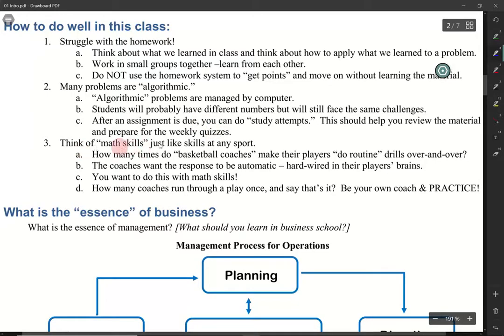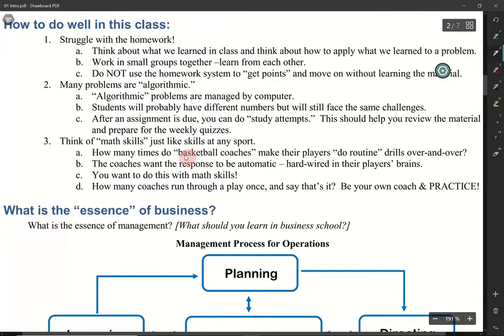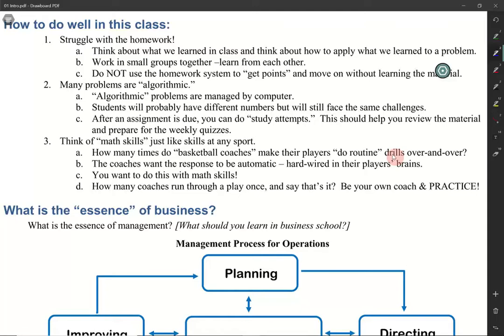Math skills are just like the skills at any sport. Not to pick any particular sport, but basketball, I think most people are familiar with it. When a coach has practice, does the coach make the players do routine drills over and over? Does the coach just say, okay, I see you got that, I see you can do a layup, you're good, let's go do something else?